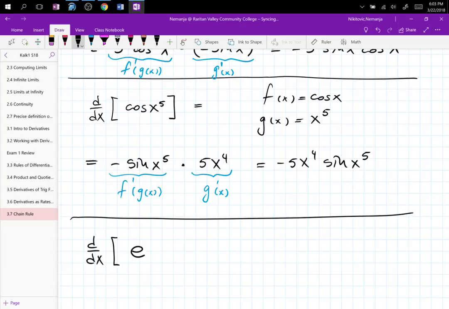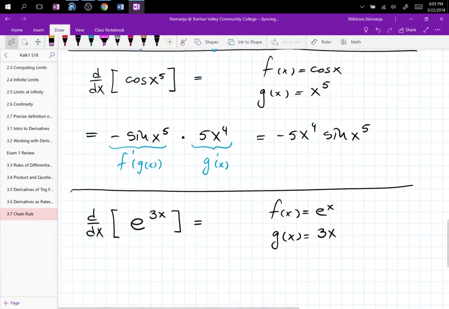E to the 3x. What's the outer function f? Now the air conditioning is on, so you have to really scream it out. E to the x. Good. And what's the inner function g? 3x. Good.